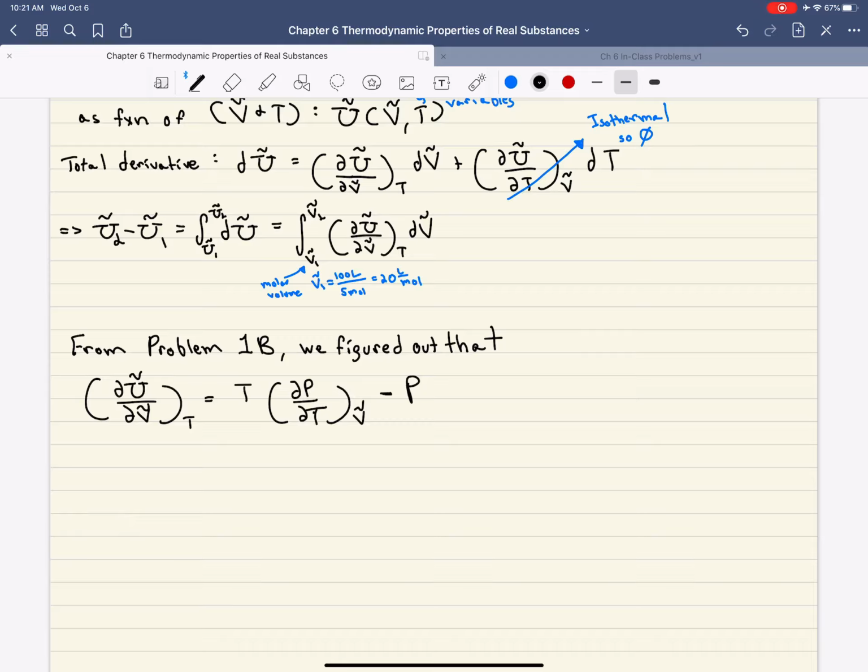Okay? Right? So without making any assumptions, we showed that this was equal to this. So please review the problem 1 solution if you don't remember exactly how we did that. In any case, we showed that this is equal to this, and so what we could do is just take this and plug it in here.